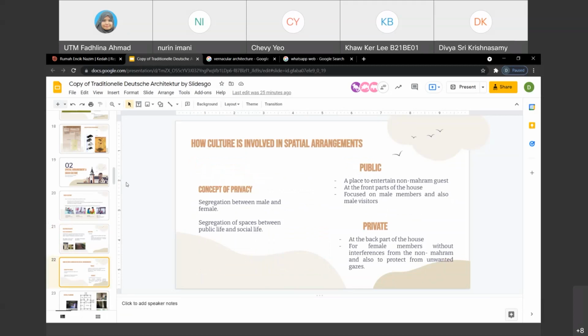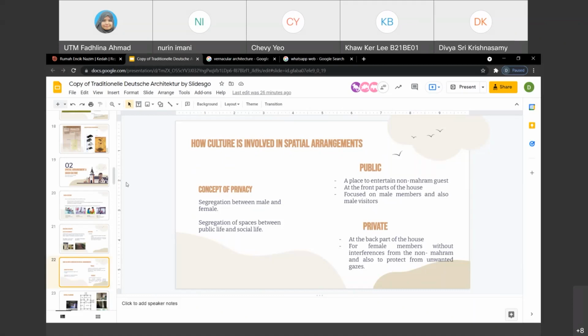So how culture is involved in the spatial arrangements of religion. There is a concept of privacy, which here means the segregation between male and female. The segregation of spaces is also about being public and private, which involves public life and social life.